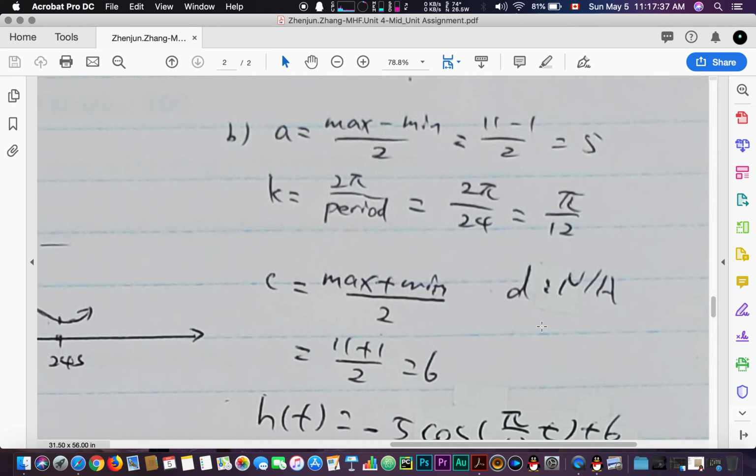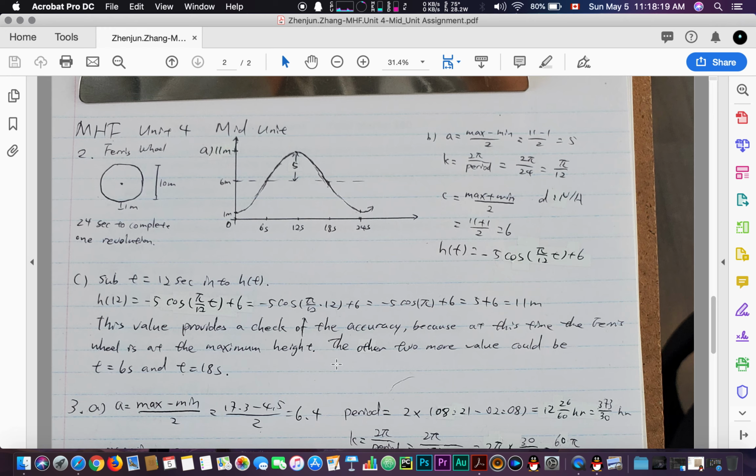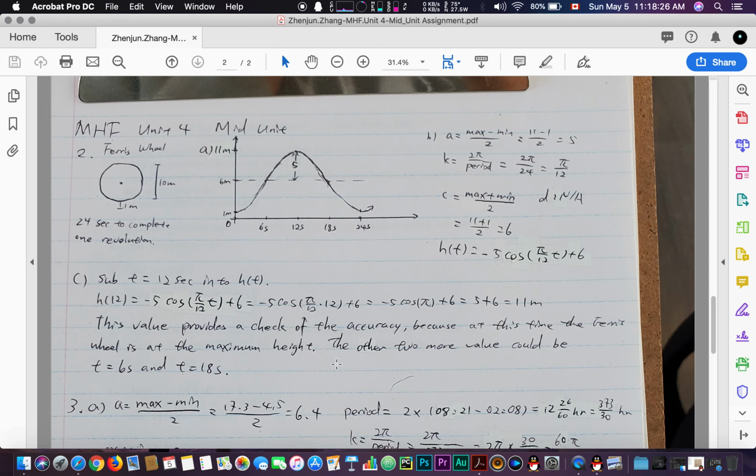And we check the accuracy of the equation by using t equals 12 seconds. Explain why this provides a check of accuracy of the equation. What are 2 more values that would provide a good check?